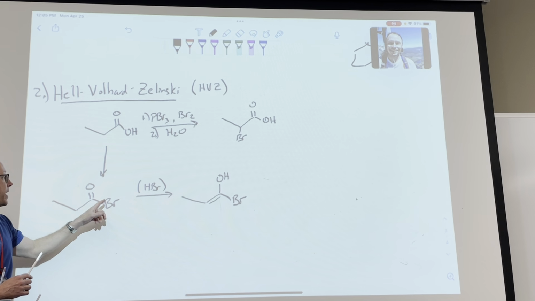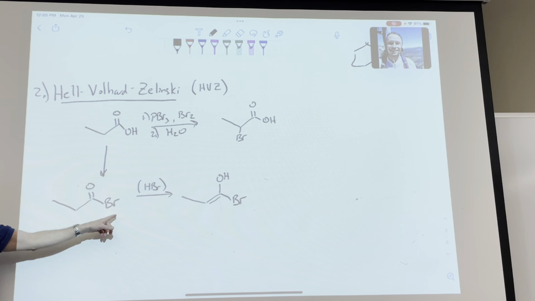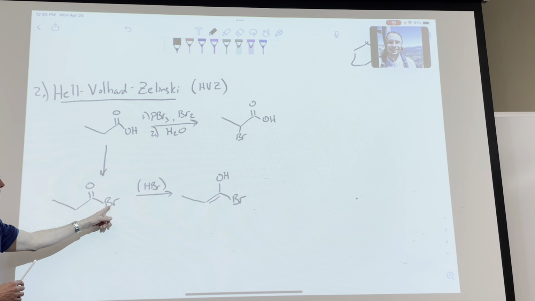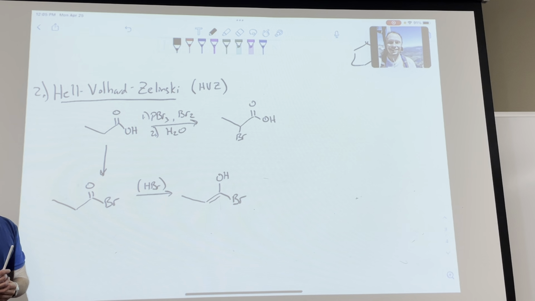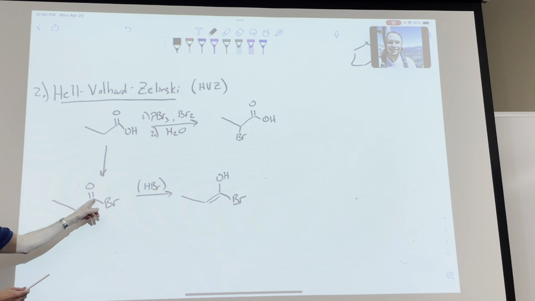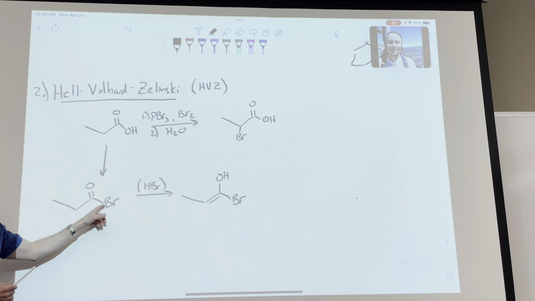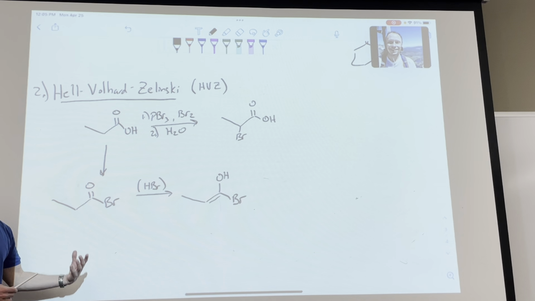Now, theoretically, that could also happen from the bromine. I mean, you've got plenty of lone pairs there. But to push electron density from the bromine, we would need to form kind of a double bond between the carbon and the bromine. To push electron density into the carbonyl from bromine, you have to make a pi bond between the carbon and the bromine.